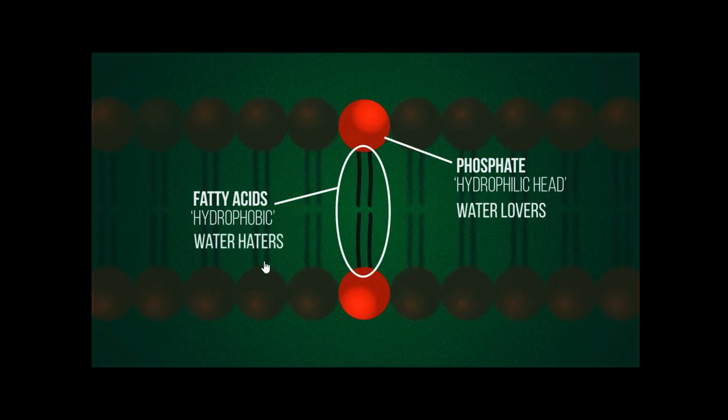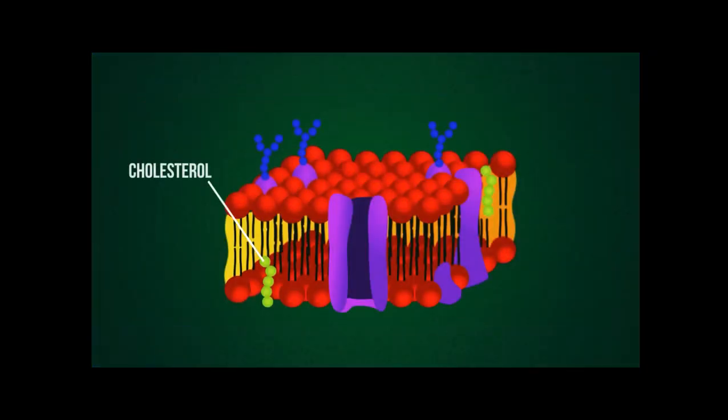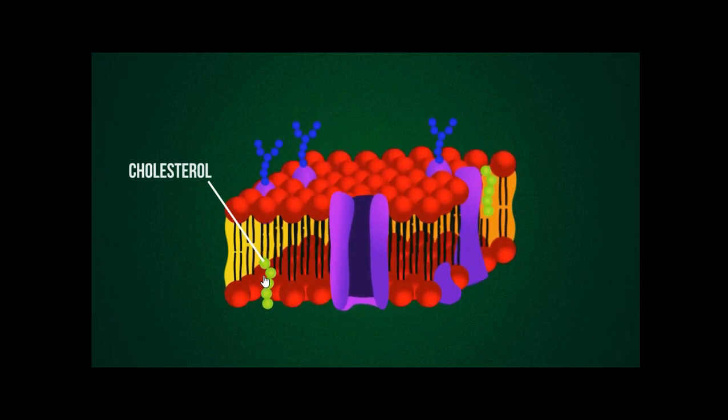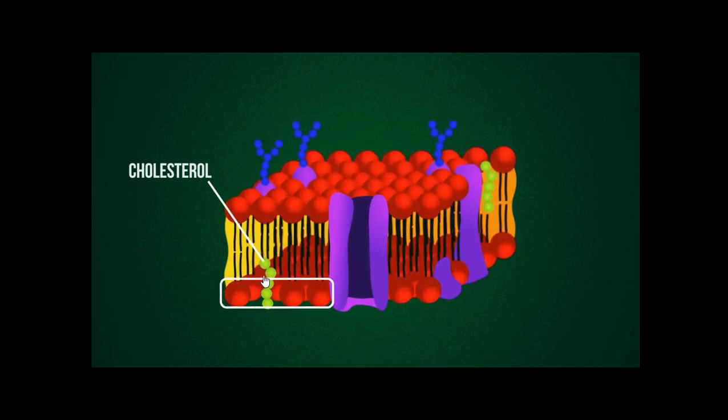Water lovers and water haters. See, both inside and outside the cell there is plenty of water. In between that there are cholesterol molecules, which are important for the viscosity of this membrane.